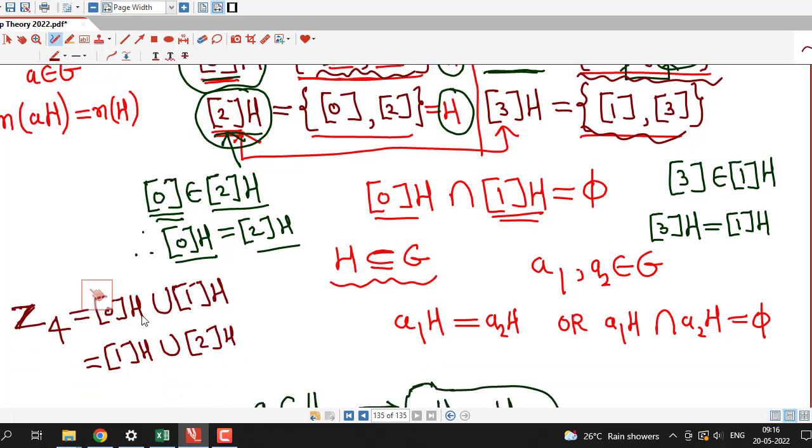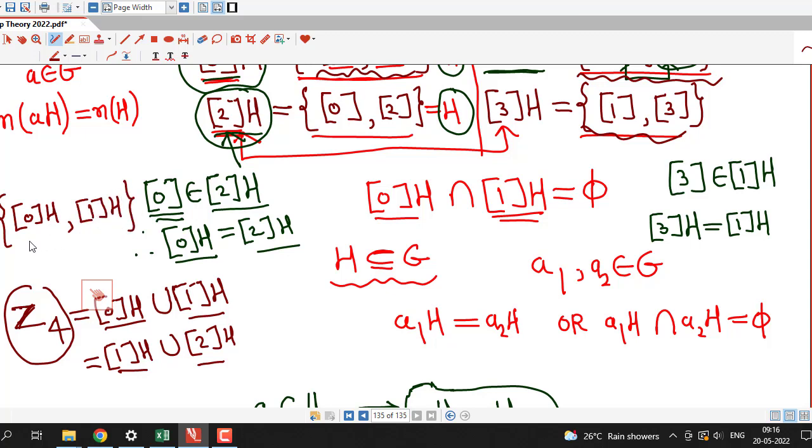These two are disjoint, and these two are also disjoint. That means left cosets form a partition of Z4. If we take this set having these two left cosets 0H and 1H, then these two are disjoint and their union is Z4. Therefore, this set is a partition of Z4.